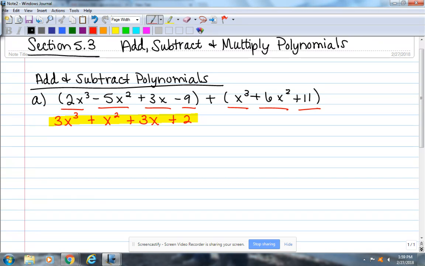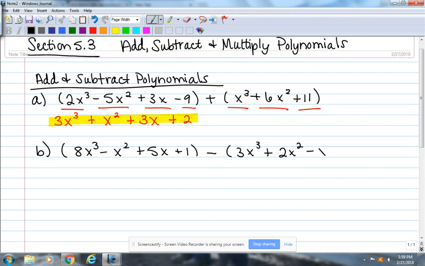So let's talk about subtracting. 8x to the third minus x squared. Now I see a lot of pluses and minuses here. So how do I know I'm subtracting these polynomials? Yeah, you look between the parentheses. Okay?